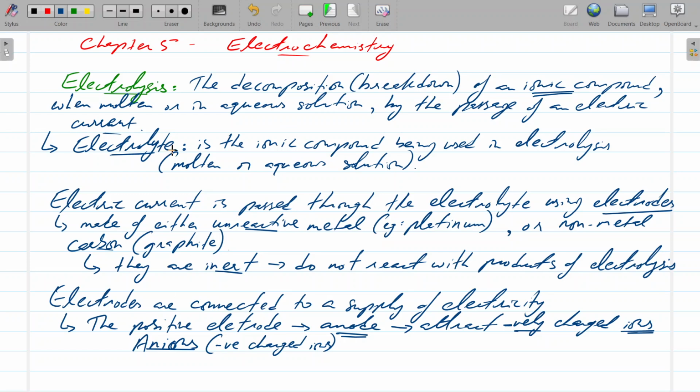So everything else I mentioned about what an electrolyte is and the electrodes, is that clear? Okay. So again, the electrodes are connected to a supply of electricity. The positive electrode is called the anode and attracts the negatively charged ions, which are called anions.